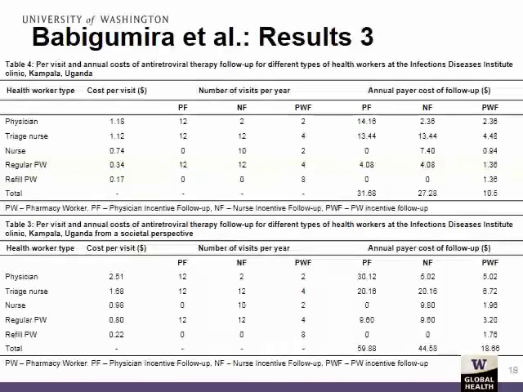And here's the main results table. So on an annual basis, the per visit costs for different cadres, you see in this last part here, that the total cost for using the physician follow-up would be about $32.